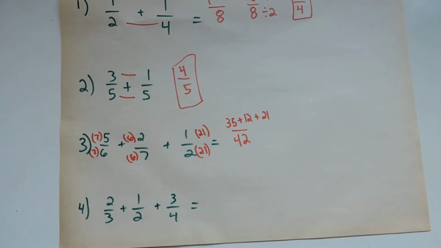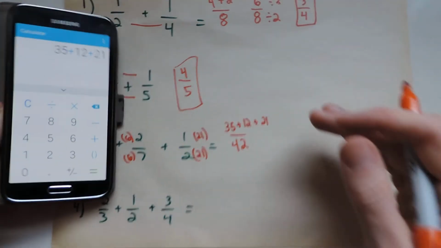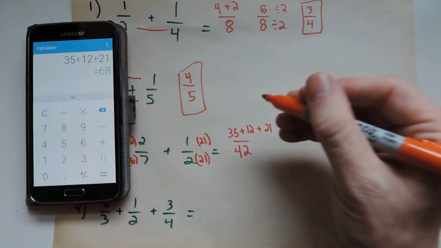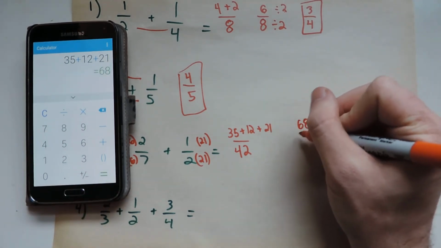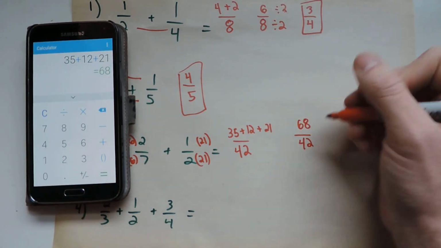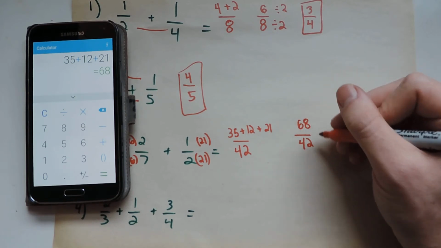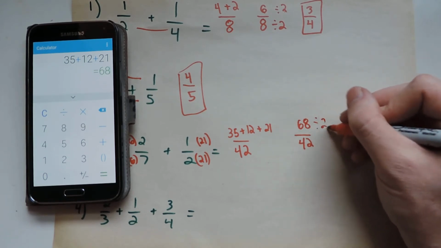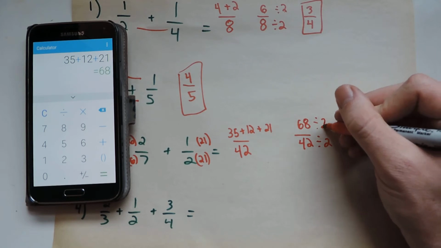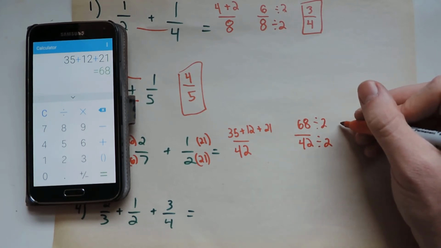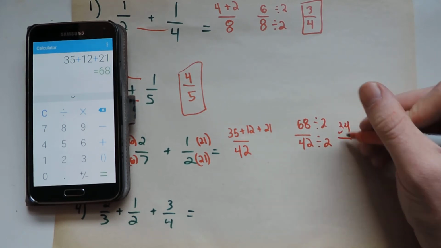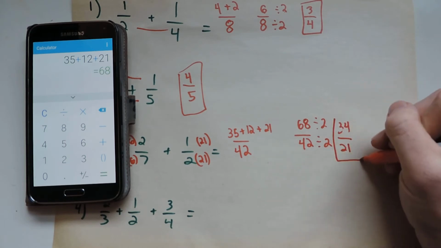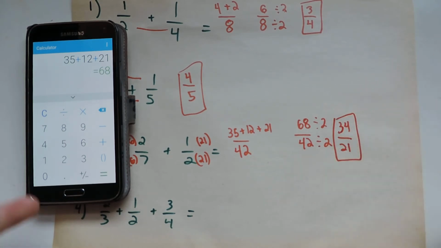And so we're going to get 35 plus 12 plus 21. Of course, I'm using my little phone calculator. 68 over 42. And then this, we can't leave it like this because it's obvious that you can take at least a 2 from it. And so we do that. That should be 34 over 21. So yeah, I use a calculator. Big deal, okay?